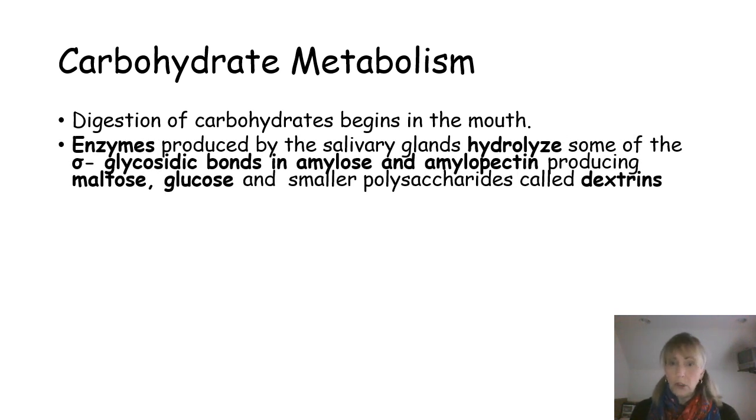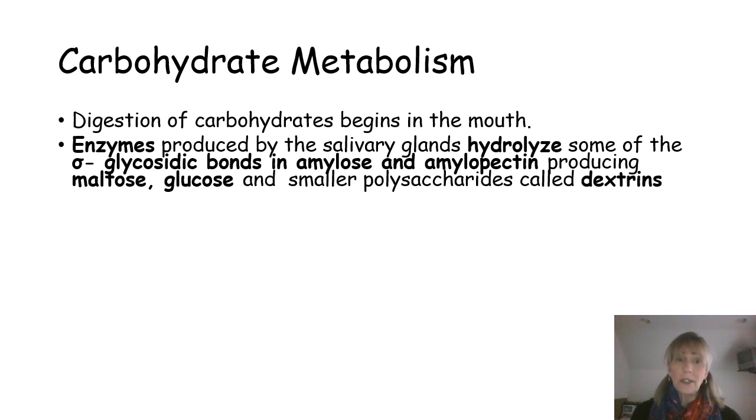Enzymes produced by the salivary glands are capable of hydrolyzing some of those alpha glycosidic bonds. And remember what hydrolyze means: we looked at hydrolyzing different functional groups, breaking them down with water. The same thing happens with our carbohydrates.